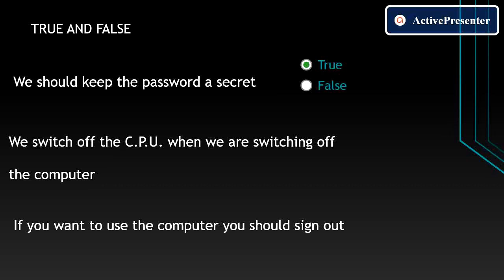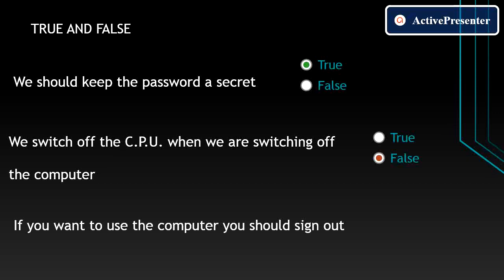Second one, we switch off the CPU when we are switching off the computer. This is a false statement. The moment we give the shutdown command, we only switch off the UPS if there is one, but the CPU goes off by itself.